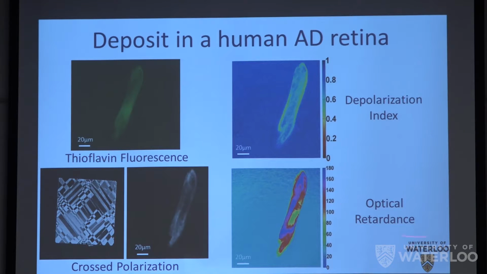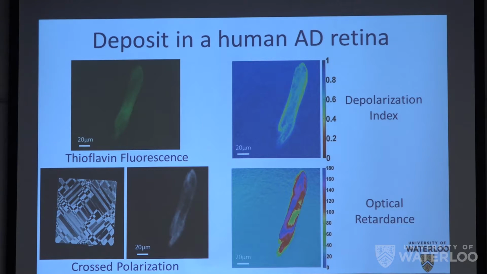And the other is this optical retardance, which is the phase difference between two polarizations that is caused by a difference in speed through the tissue. And you can see the surrounding retina has a value down around 20 degrees, but the value in the deposit is up as high as 160 or 180 degrees, which is quite large in terms of retardance.